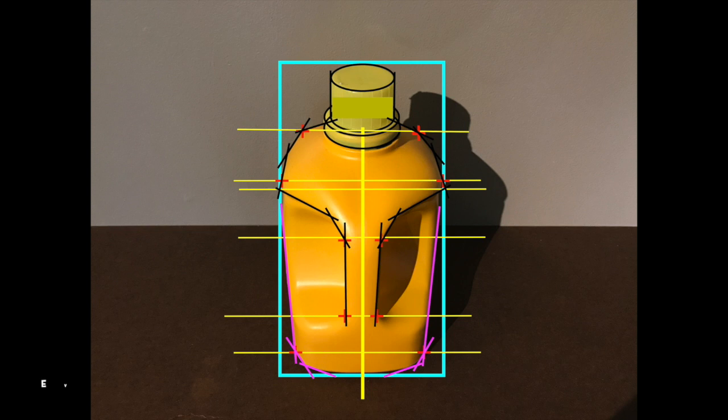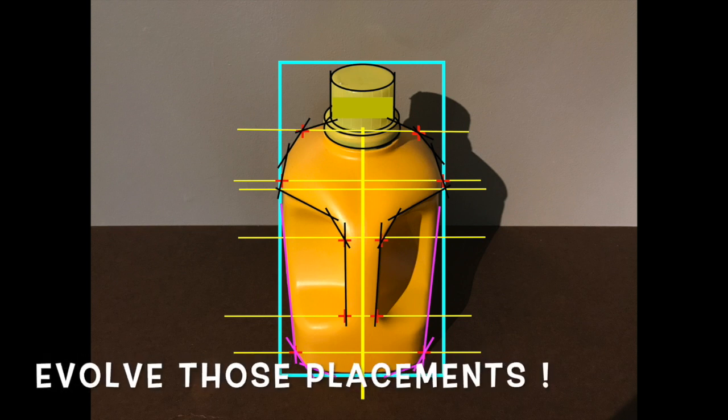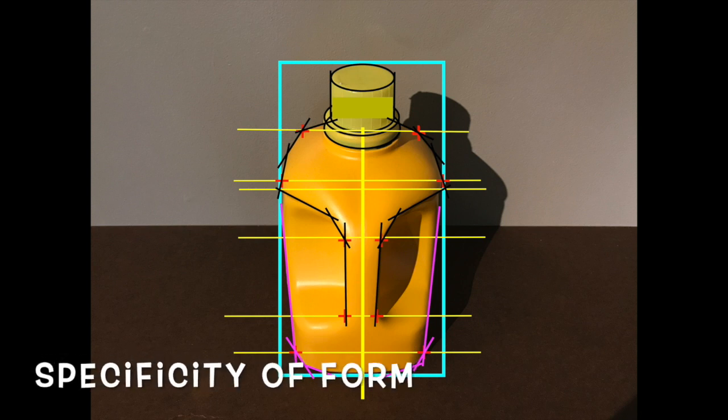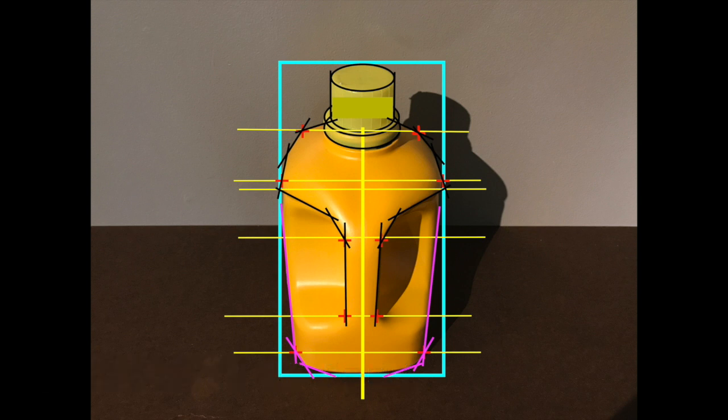And as we move them around, we find them more accurately. You'll notice also that everything's straight line. There are no curved lines here. And yet the accumulation of these angles do imply a specific kind of curve that's giving us a clear description of how the edges of this particular and unique form are moving.